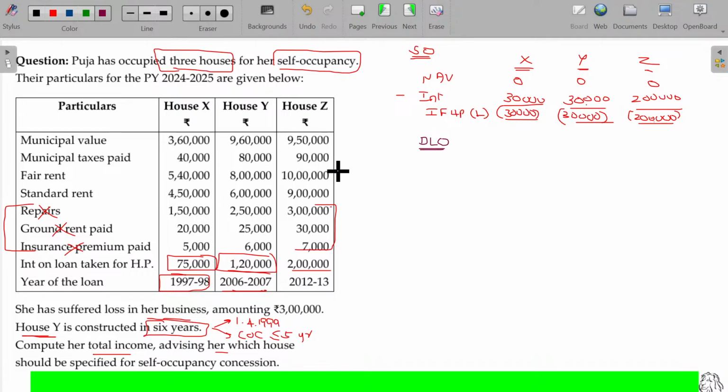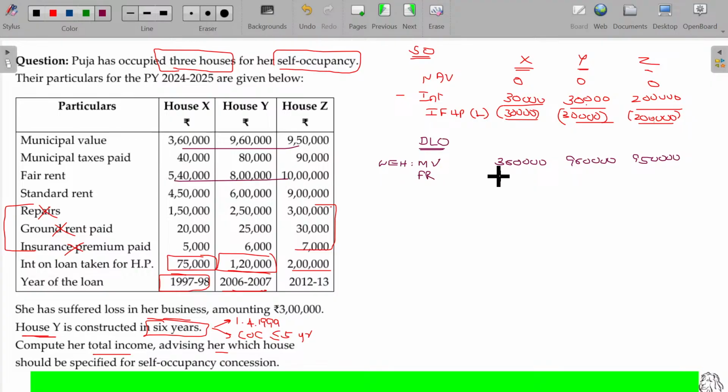In this case, municipal value and fair rent, between these two, whichever is higher will be taken. The municipal value being 3 lakh 60, 9 lakh 60, 9 lakhs 50.